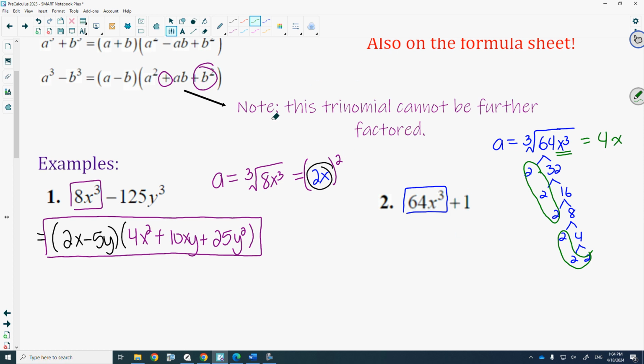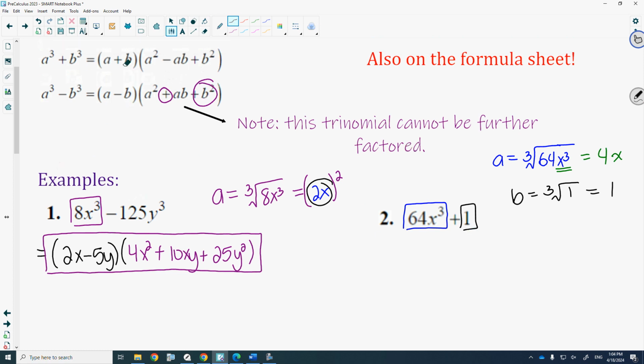Now we need to calculate the B term, and B is just the cube root of 1. Now the cube root of 1 is 1. Okay, this is a sum of cubes. So we're going to use our sum of cubes formula. A plus B is my first factor. So A is 4x plus 1.